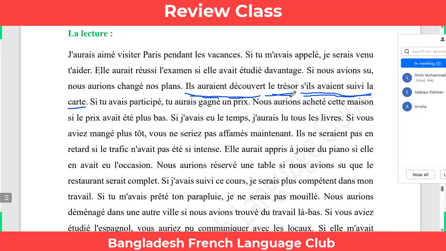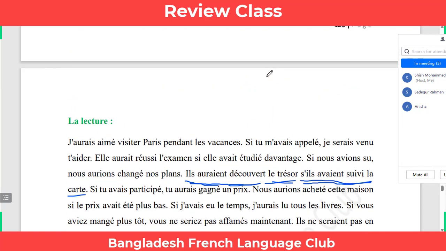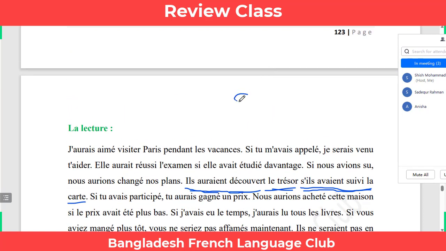So a little difference here, that is the if clause, the clause which is with si, okay. So this clause will be written in le plus-que-parfait. Désolé monsieur. Okay.